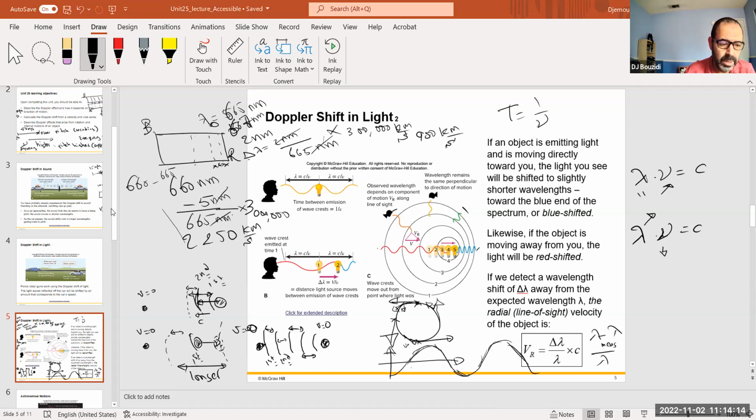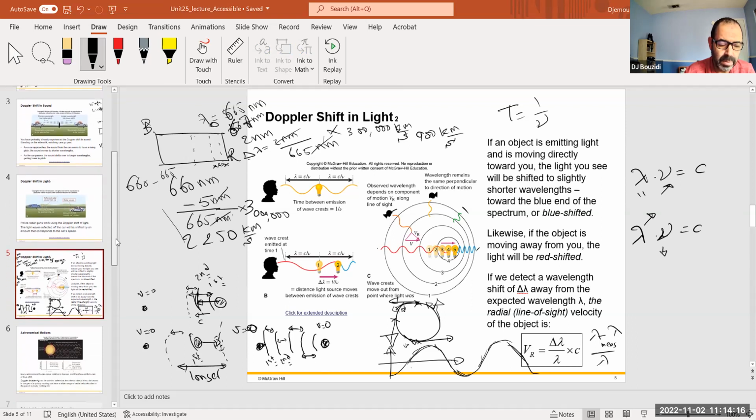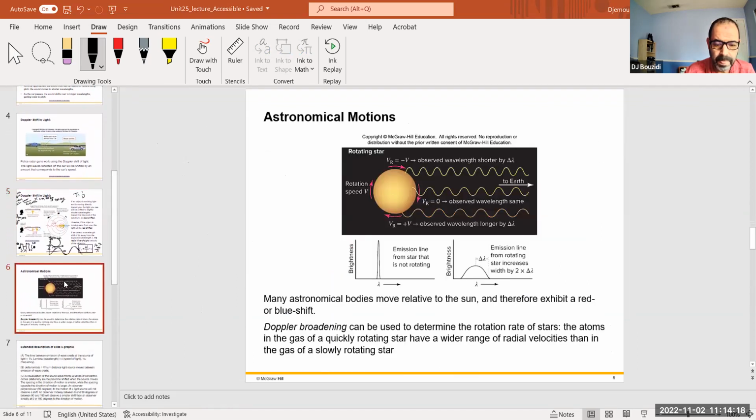Okay. So this is in a nutshell how we use Doppler shift. Again, this is the same idea that I was driving at. If we are on this side on the Earth looking at this star, if it's spinning fast enough, then we should be able to see the shift. This portion of the star is moving towards us, this portion is moving away from us.